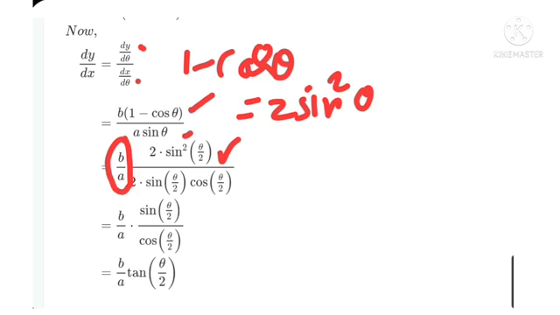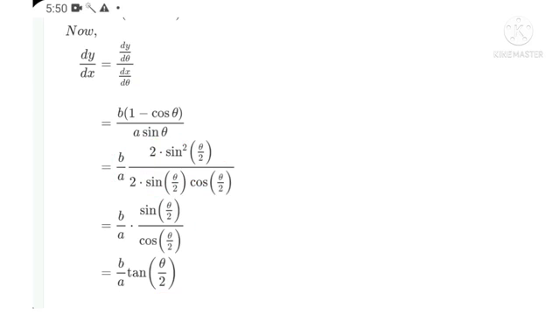So we get sin theta is 2 sin theta upon 2 into cos theta upon 2. 1 sin gets cancelled, 2 gets cancelled. So what remains here? b upon a into sin theta upon 2 upon cos theta upon 2. Sin upon cos is nothing but tan theta. So we get final answer as dy by dx is equal to b upon a into tan theta.